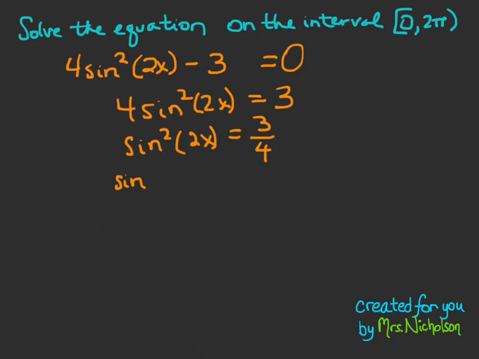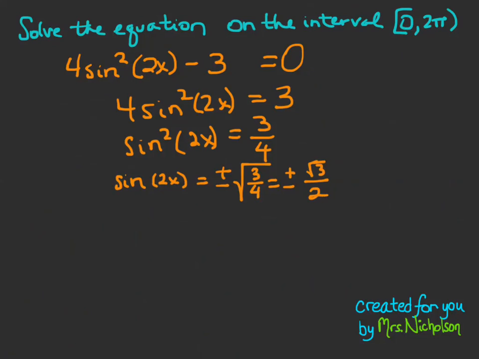But don't forget that when you square root both sides of an equation, you have to remember to put plus or minus the square root of 3/4, which is actually plus or minus the square root of 3 over 2, because the square root of 4 is 2.